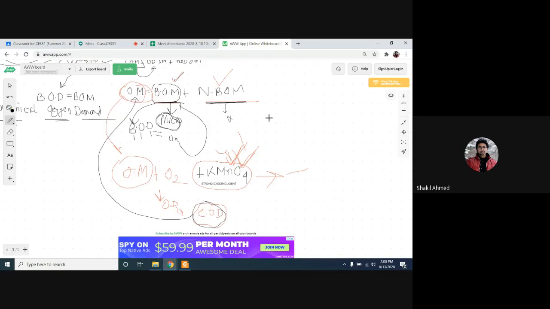That means you can write that COD, the total organic matter, equals BOD, the biodegradable organic matter, plus NBOM, for example, non-biodegradable organic matter.